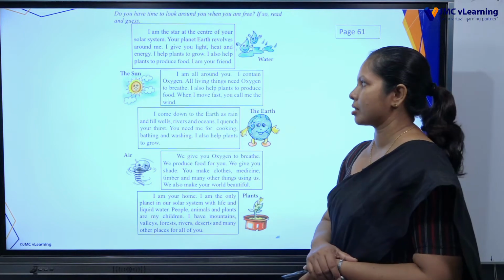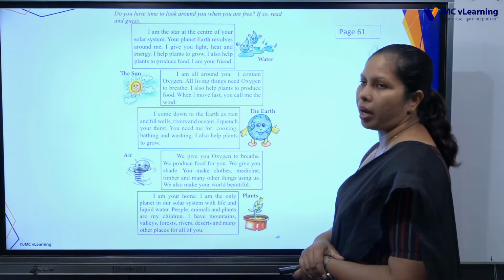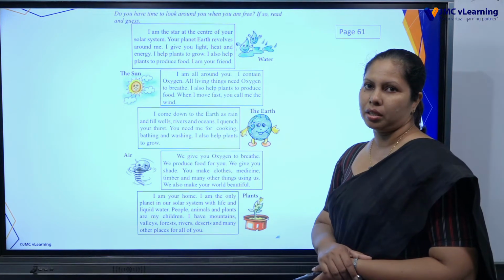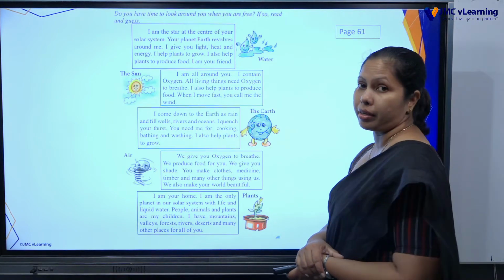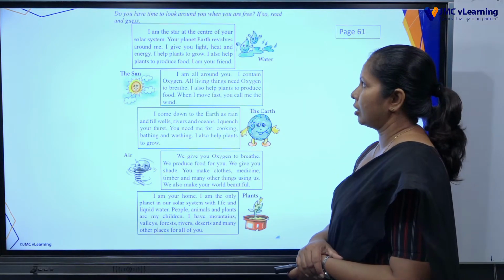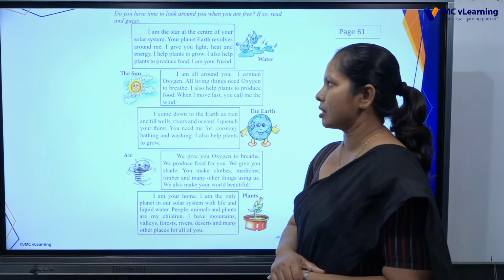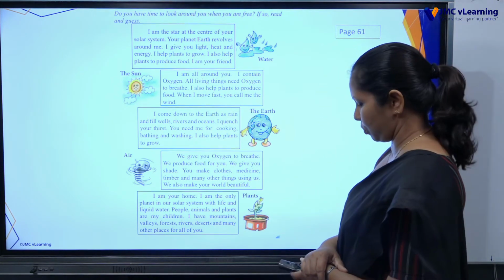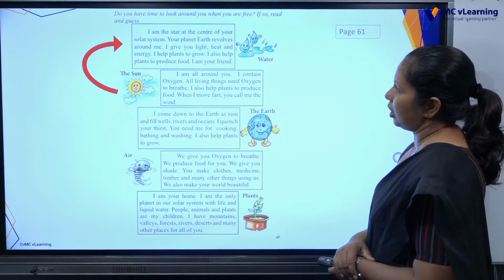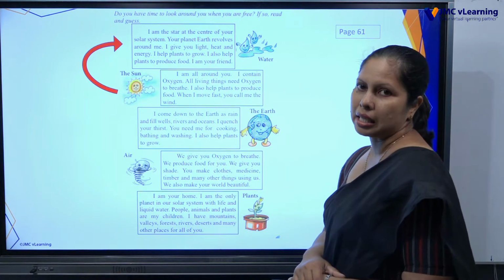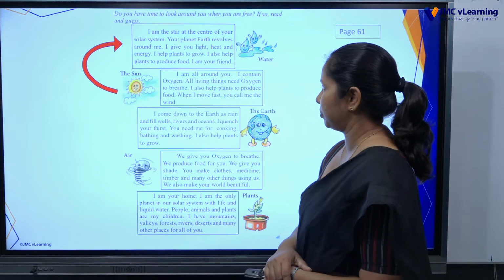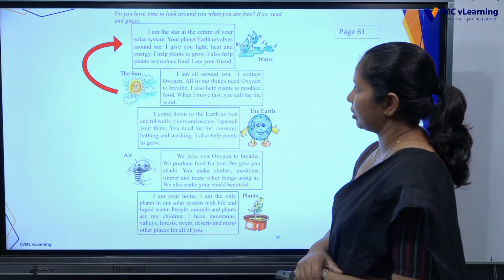So, can you guess about whom this paragraph is speaking? I think you would have got the answer. The answer is the sun. We will go to the next one.